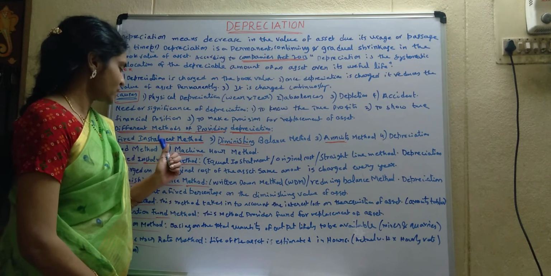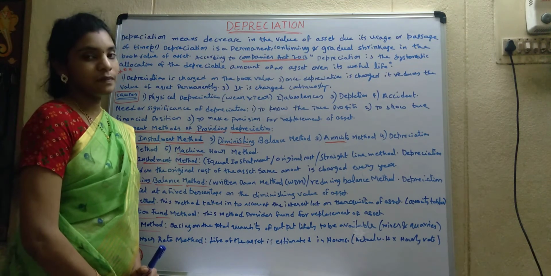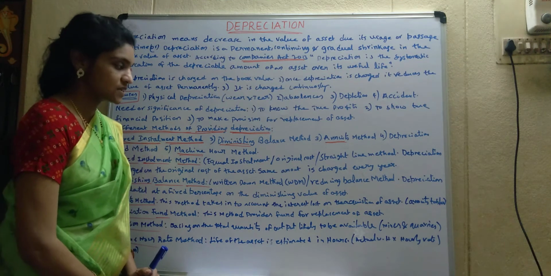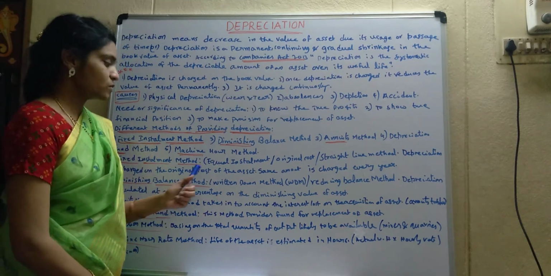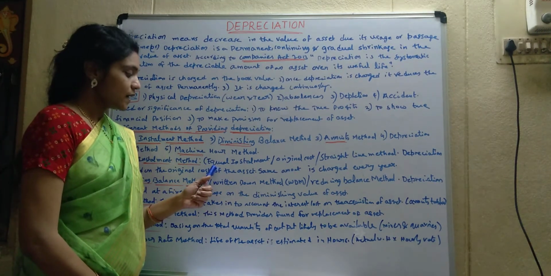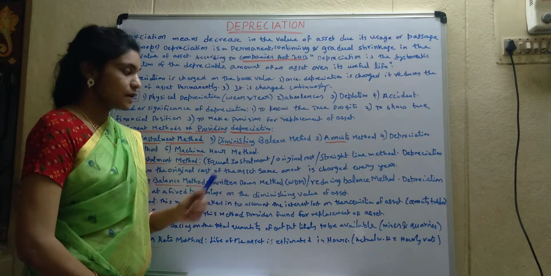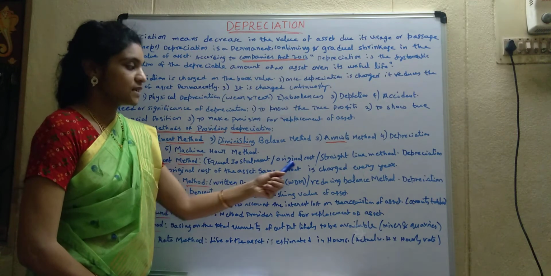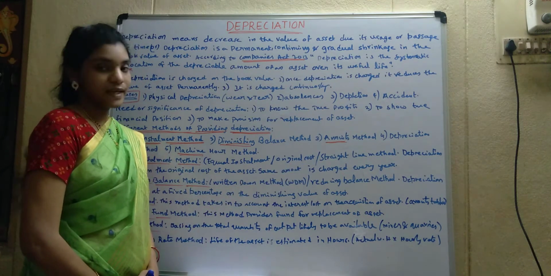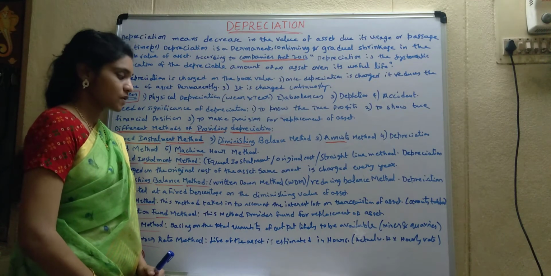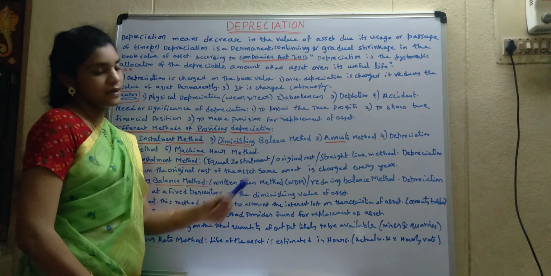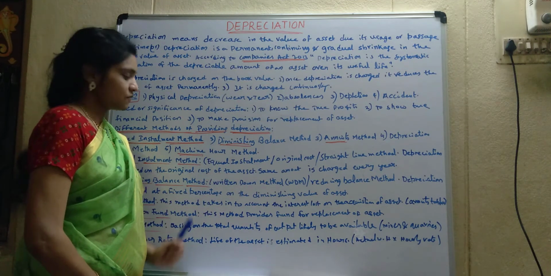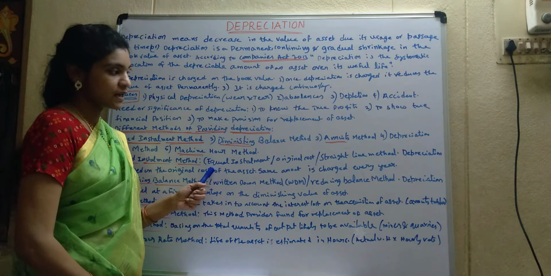And coming to the first method, fixed installment method. It is also called equal installment or original installment method or straight line method. The name itself says fixed, equal.